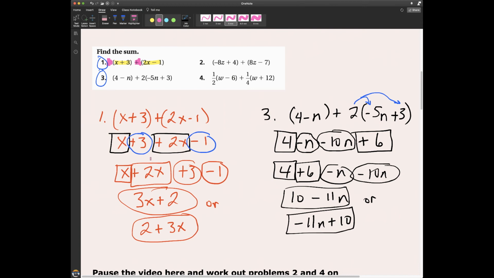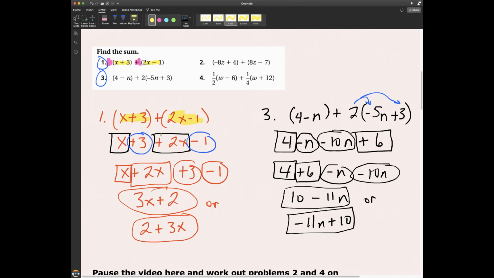And if I don't see a number, then I can just drop the parentheses. All right, I can just drop the parentheses. So that's what I did here. I see I have x plus 3 in parentheses, and I have 2x minus 1. There is no number in front of the parenthesis here or here, so I drop them.